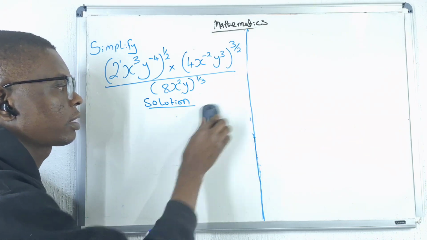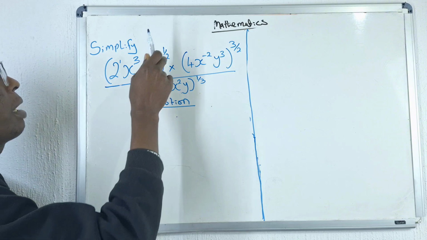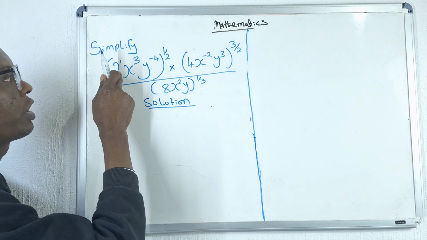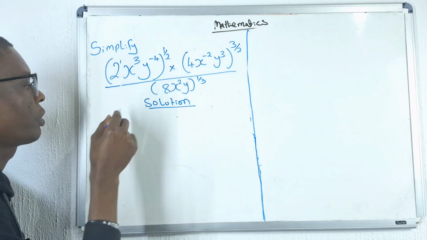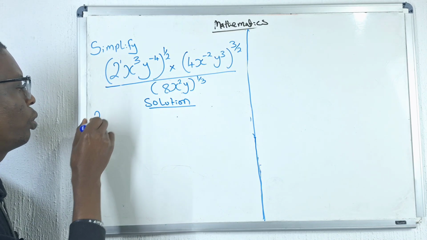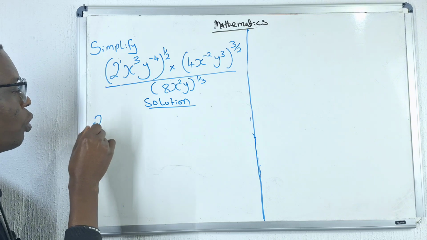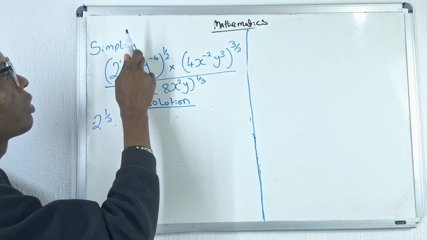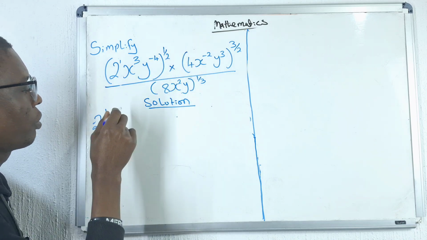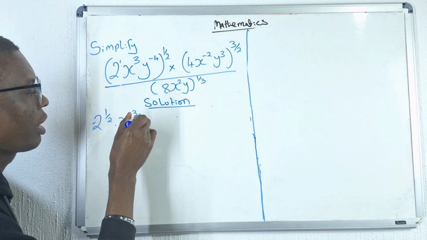So let's start. I'll be taking these brackets one after the other. Expanding this, remember that the 2, which is a coefficient here, has the power of 1. So 1 times 1 over 2 gives 2 raised to 1 over 2, dot. Now 3 times 1 is 3 over 2, so I will have x to the 3 over 2.